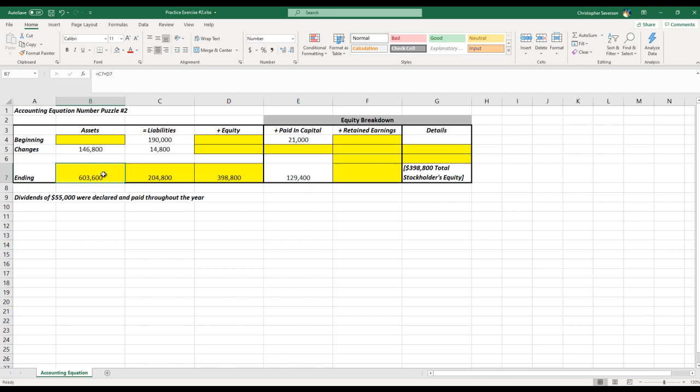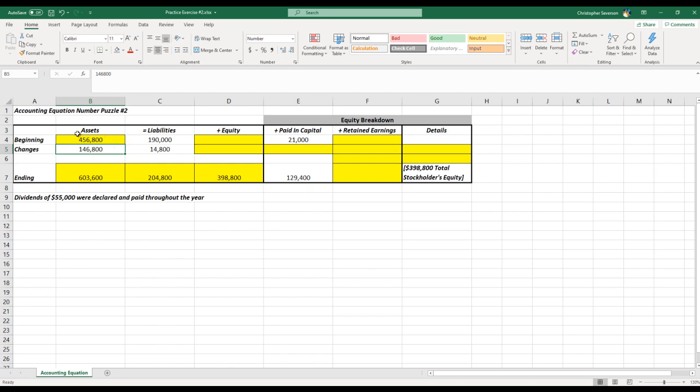So now, again, we've opened up another piece here. Now we can work the beginning assets. We know ending, we know changes. We know the beginning has to be smaller than the ending because we've added some money to it. So the way to work this would be take ending balance minus changes, and the beginning has to be 456,800.